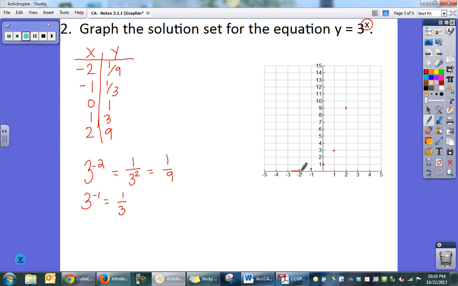Connecting those points, I end up with this curve, and remember that is one of my basics for an exponential graph. Our graph of an exponential will approach 0 as a y value, but will never actually reach 0, because the larger the negative number gets, the larger my denominator gets. So I just end up with 1 over a very large number, which would be very, very small, but never equivalent to 0.